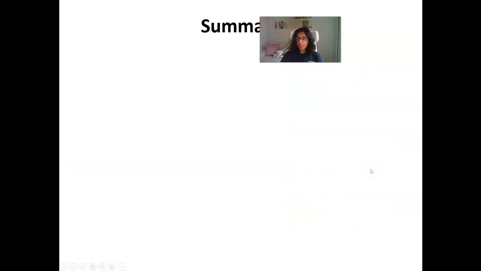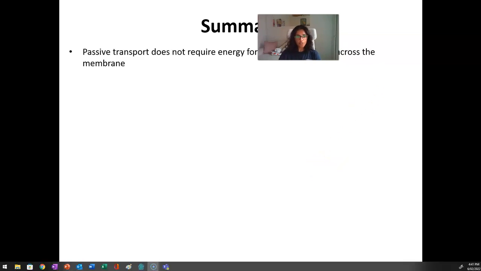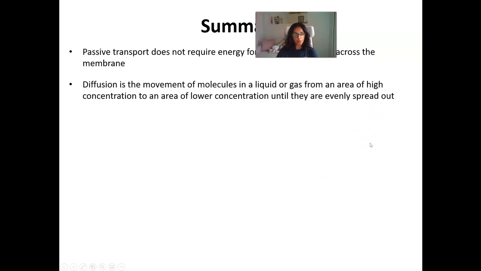Okay, so we reached the end of this lesson, and here is a summary of key facts that you should know. First of all, passive transport does not require energy to move substances across the membrane. Diffusion is the movement of molecules in a liquid or gas from an area of high concentration to an area of lower concentration until those molecules are evenly spread out.